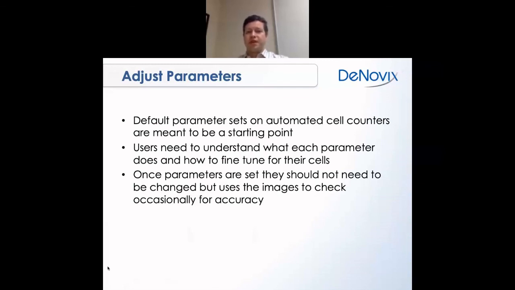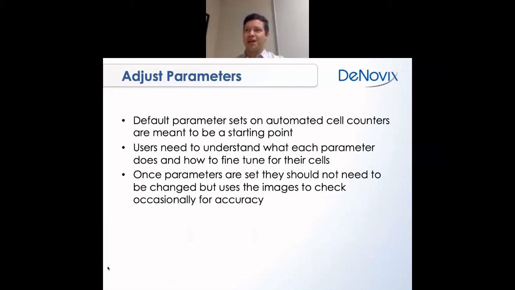So just to summarize that, default parameter sets on automated cell counters are really meant to be a starting point, something that we want the user to take a few cell counts on different cell lines with, and then play with those settings.